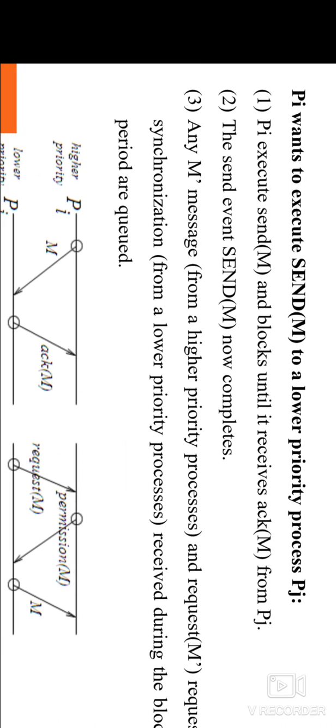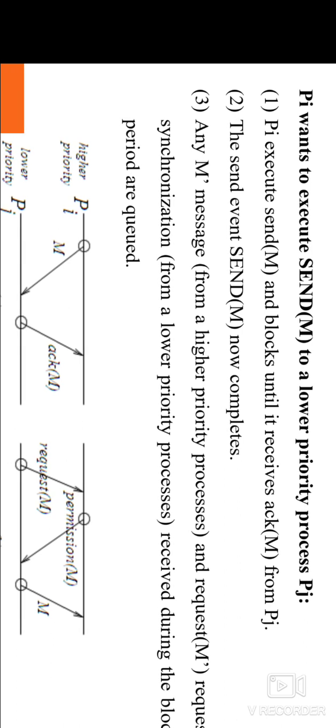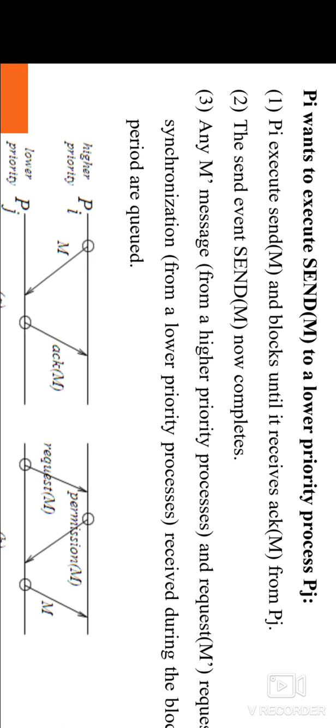Assume Pi is the highest priority process and Pj is the lowest priority process. Pi sends a message to the lower priority process. How can we perform this? If Pi wants to execute a send of M to the lower priority process Pj, then after executing send of M, Pi should block. How long does it need to block?